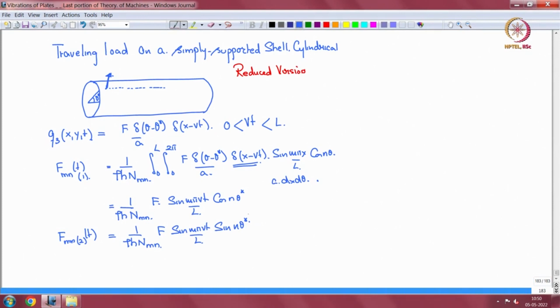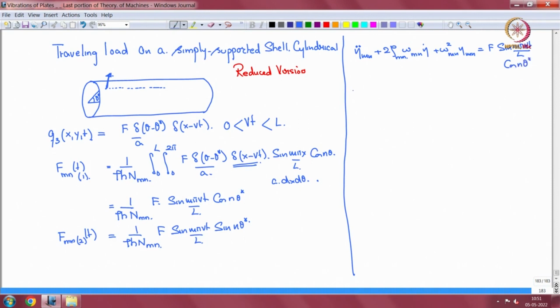So then you have F mn1, F mn2, and so you have eta mn double dot plus twice zeta mn omega mn eta dot plus omega square mn eta mn is equal to F sin m pi Vt by L, cos n theta star.